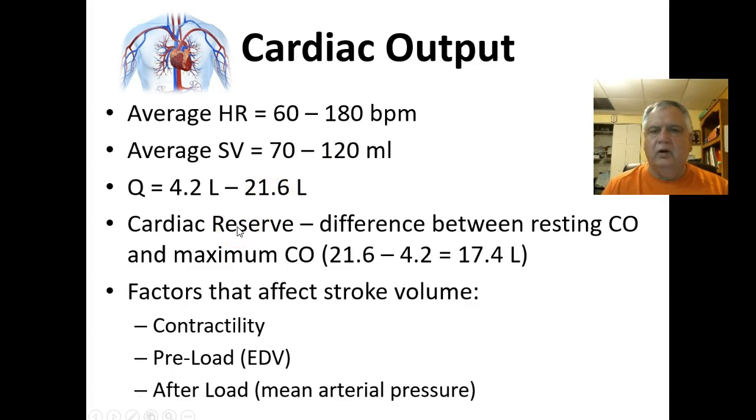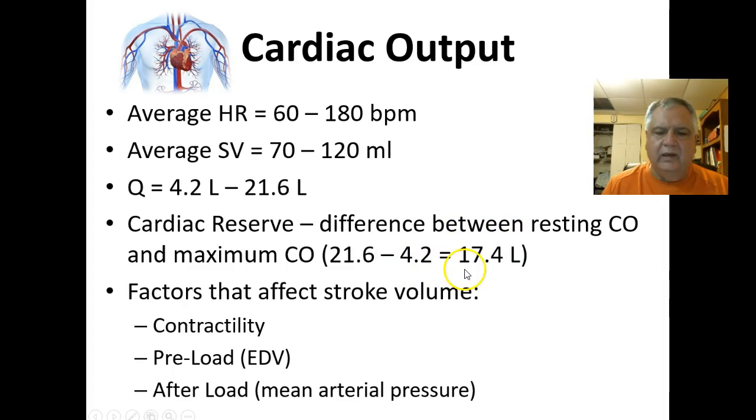This brings us to the concept of cardiac reserve. So the cardiac reserve is the difference between the resting cardiac output and the maximum cardiac output. So the maximum cardiac output, 21.6, minus resting 4.2, is 17.4 liters.